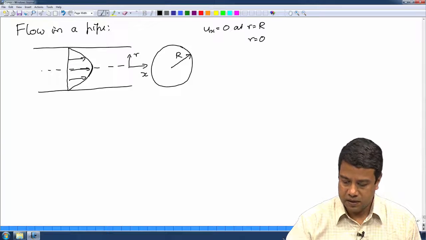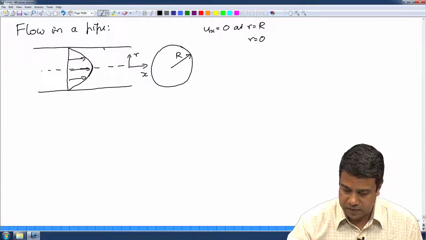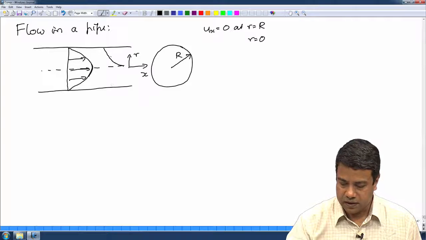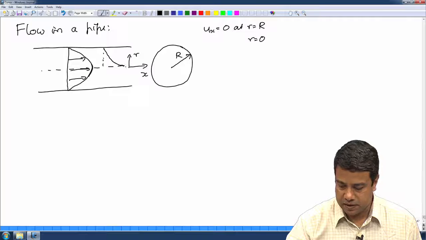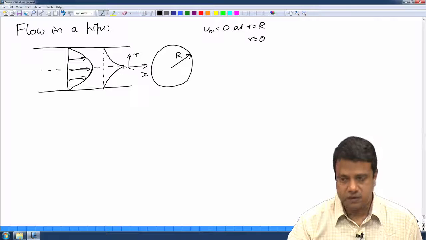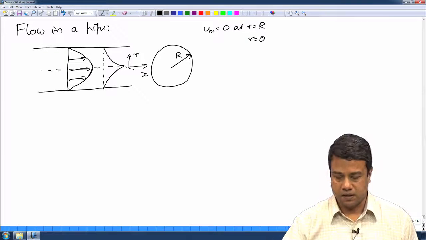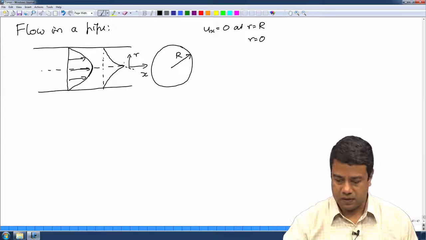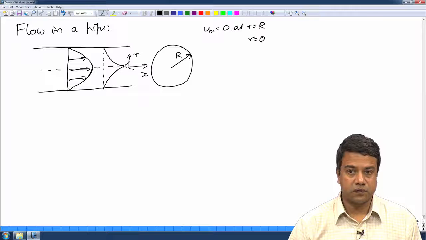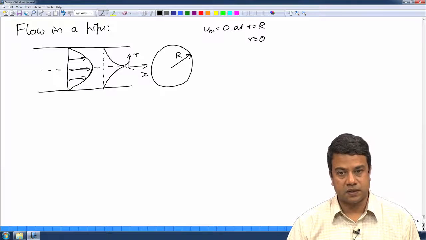If the velocity slope was not 0, if it was something like this at the center, and you come from this direction, the slope is in this direction. Whereas if you come from the opposite side, since there is no variation with the angular coordinate around, the slope has to be something different, and this curve cannot have two different slopes at a single point, because there is no physical boundary there.